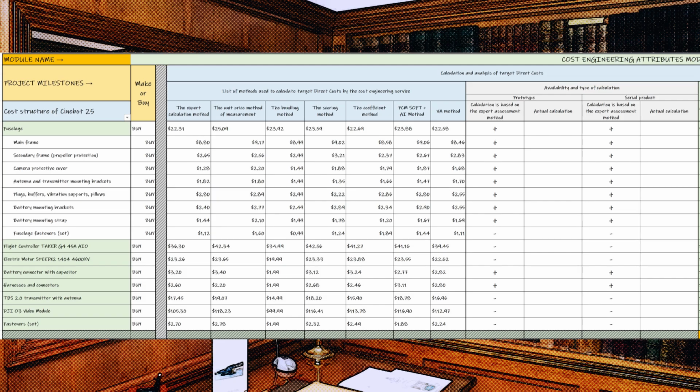As a result, only the approved value is reflected in the approved target value column of the target direct cost values for a serial product block. Despite the fact that in our example we do not observe such significant fluctuations, in practice they sometimes occur, and one of the main duties of a cost engineer is to ensure that such outstanding values are analyzed.